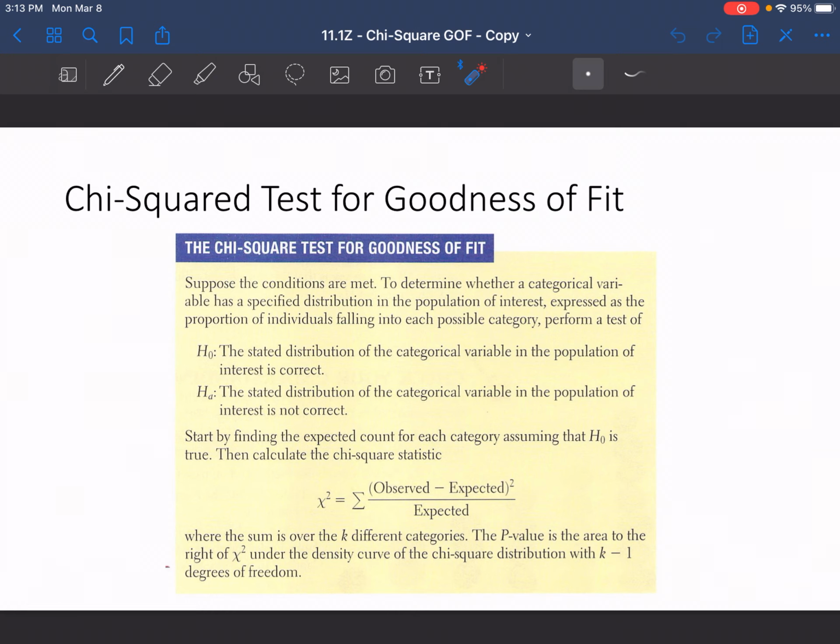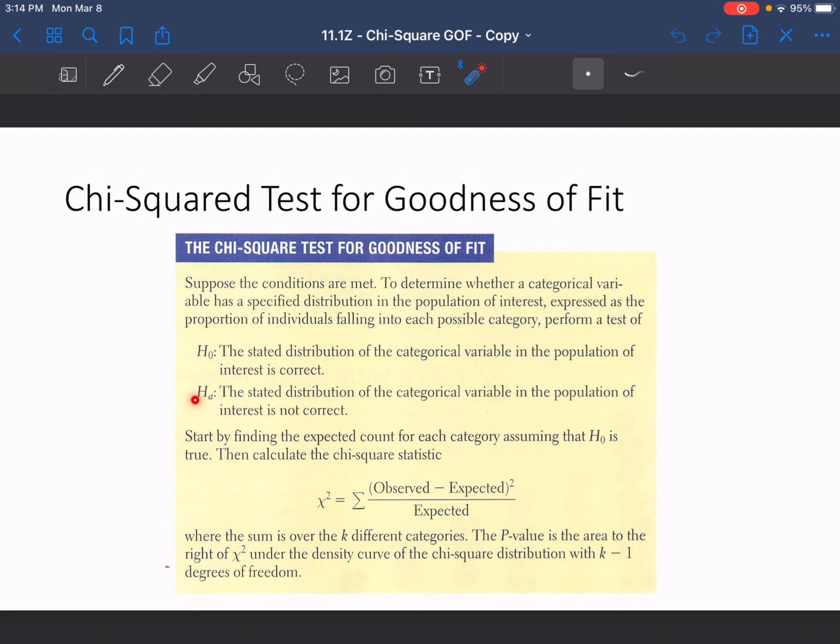So now let's get into the test itself, making sure that we meet all the requirements for this test. Suppose that the conditions are met. To determine whether a categorical variable has a specified distribution in the population of interest, expressed as the proportion of individuals falling into each possible category, perform a test of our null hypothesis, which is that the stated distribution of the categorical variable in the population of interest is correct, and our alternative hypothesis, which is that the stated distribution of the categorical variable in the population of interest is not correct.